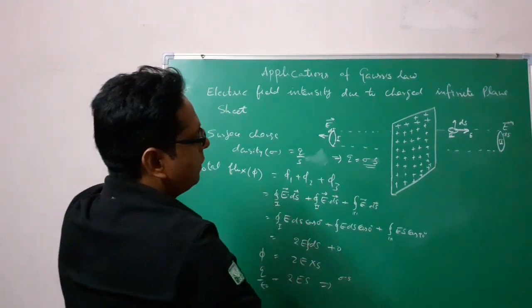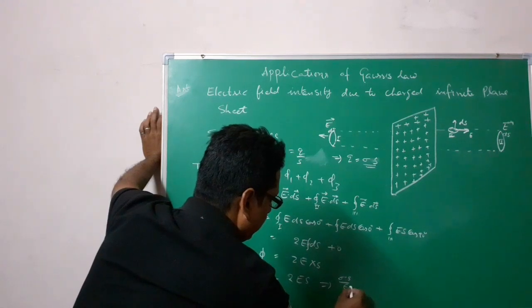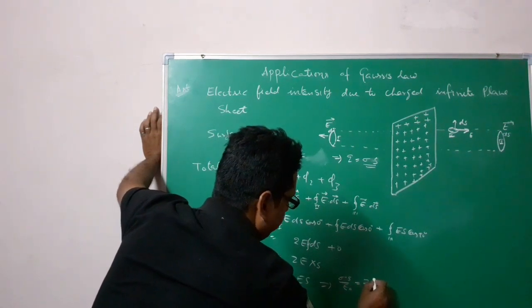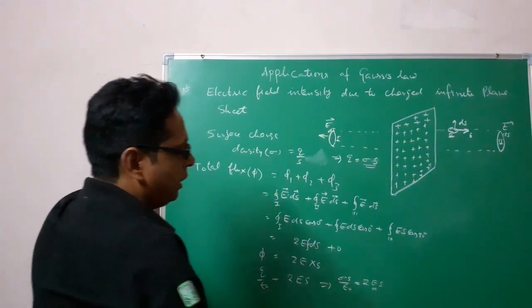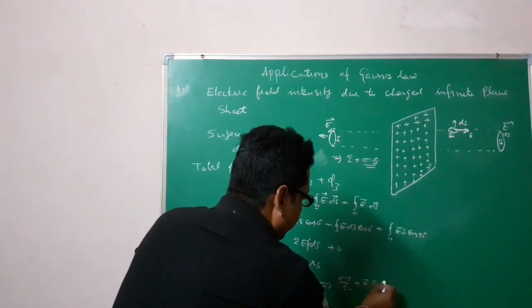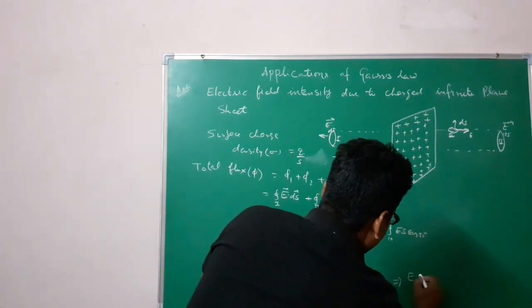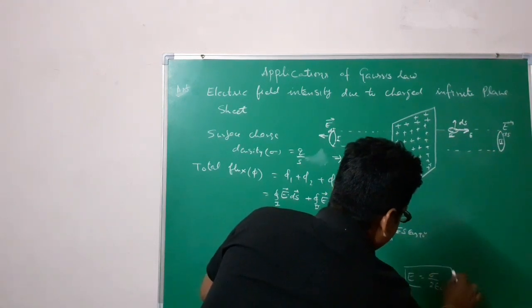So this will be sigma into S, easy to understand. So this is 2 times E into S. Here we are interested in finding the electric field intensity, so this S will cancel out, which gives E equal to sigma upon 2 times epsilon naught.